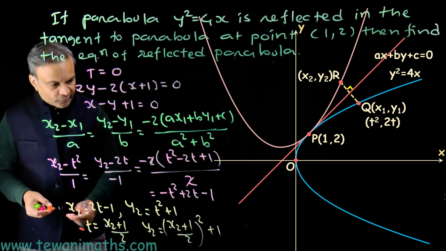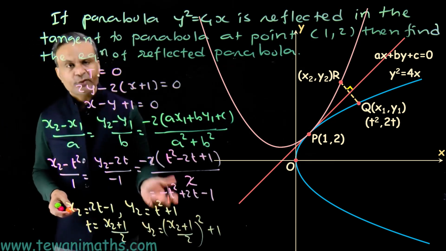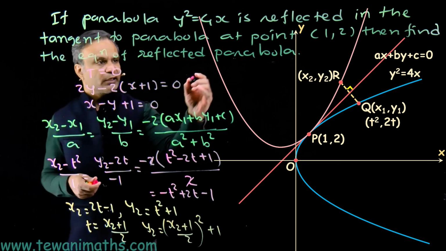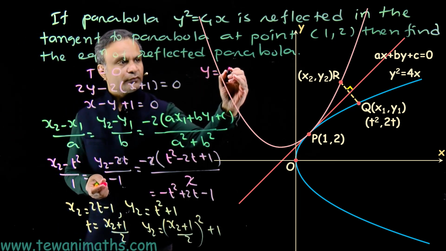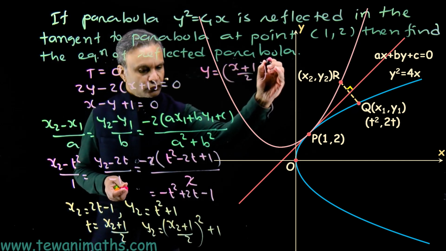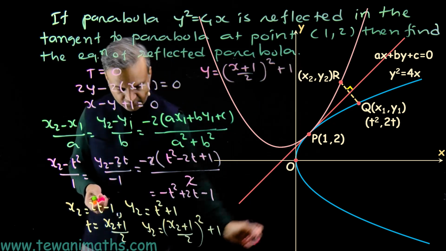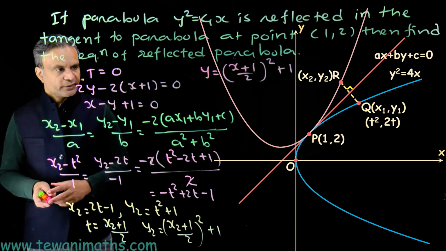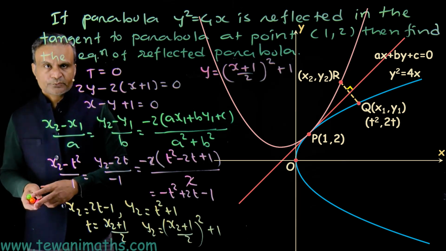Now replace x2 with x and y2 with y. We get equation of reflected parabola as y is equal to ((x plus 1) over 2) whole square plus 1.